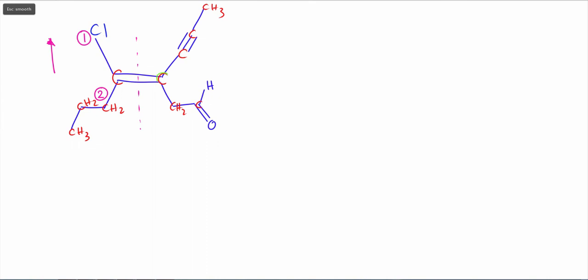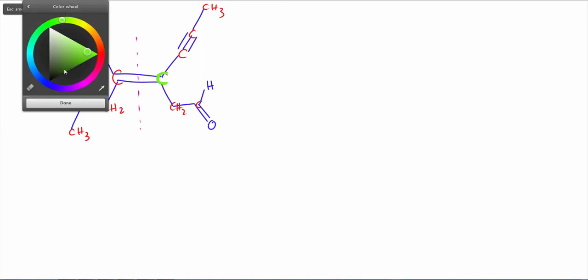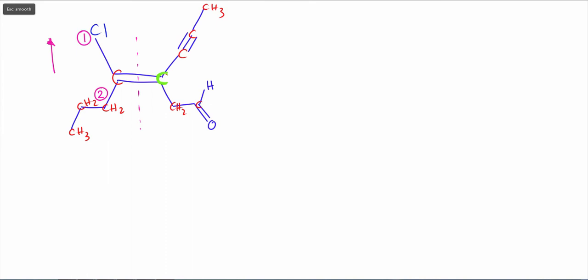Now, when we come over here to this other sp2 hybridized carbon in green, it's not absolutely clear as to what the priority is. Okay, let's examine. This carbon is attached to this carbon and this carbon. Now the same rules apply, the same rules as with the absolute configuration. This carbon, since it's triply bonded, is bonded to a carbon, carbon, and another carbon.